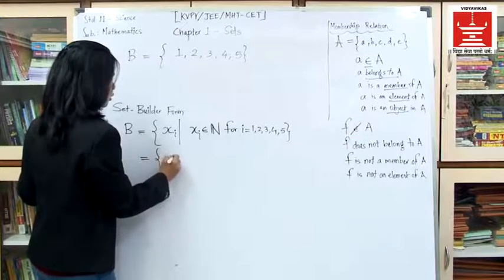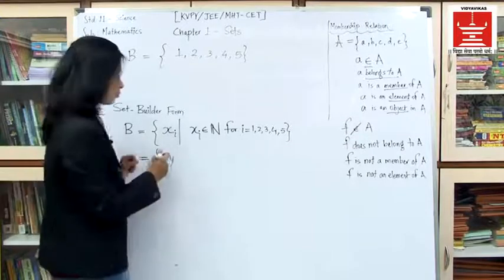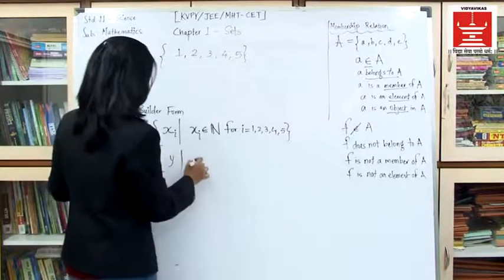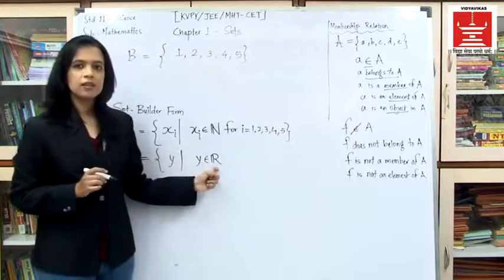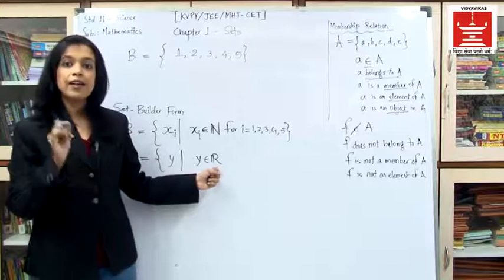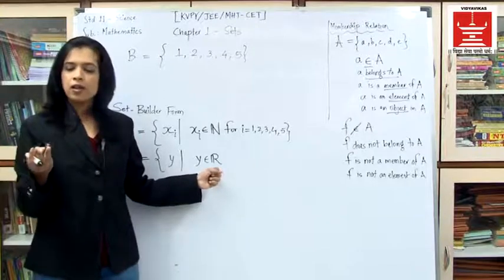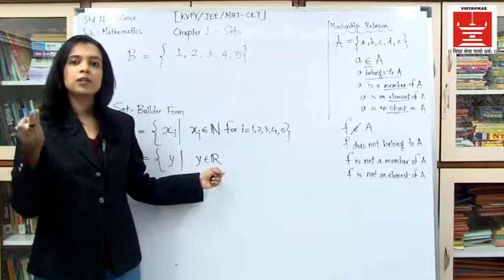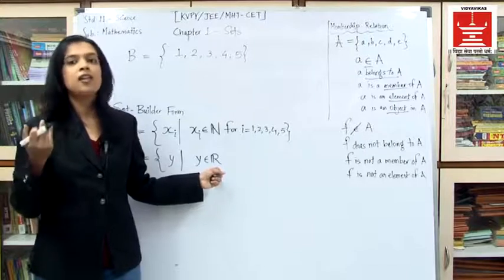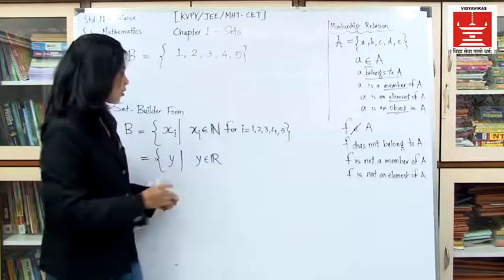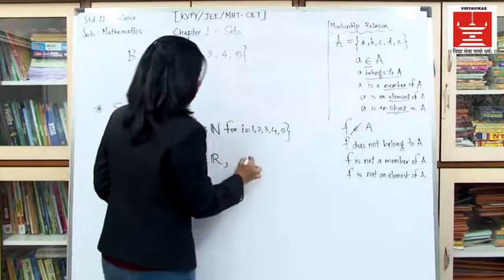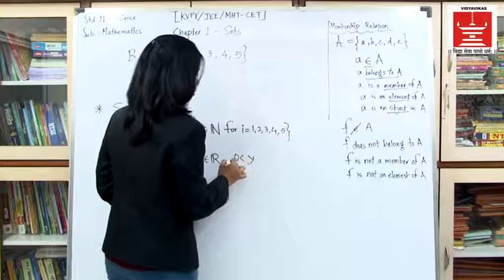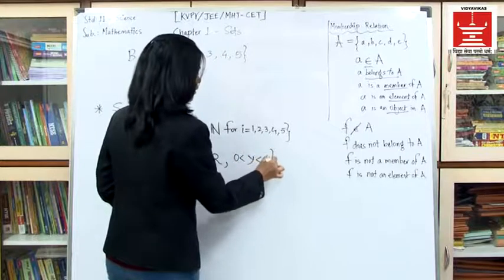Say it is a collection of y such that y is a real number. Again, this is a notation to denote the set of all real numbers, the compilation of natural numbers, integers, rationals as well as irrationals. So, y is any real number which is bigger than 0 and less than 6.